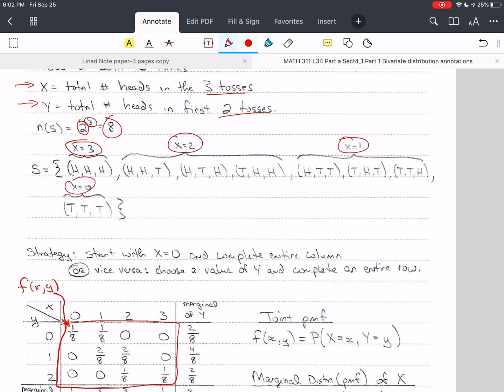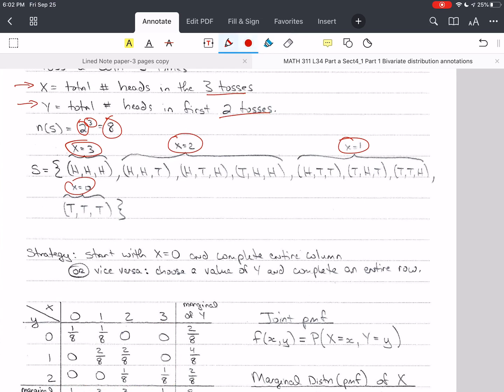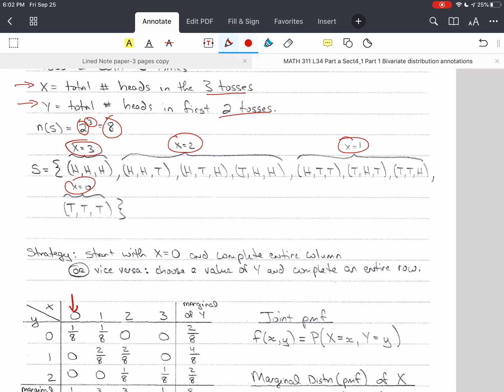Now my strategy here to fill in this table is, since I've got it ordered by x, I'm going to do this by x. So I'm going to look at x equals 0, and I'm going to see how many outcomes, and there's 8 total, how many of those outcomes correspond to y equals 0, 1, or 2.